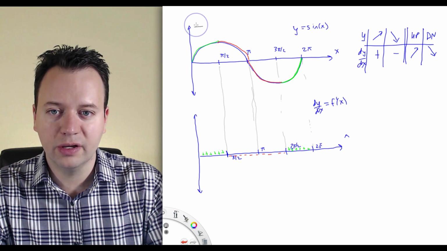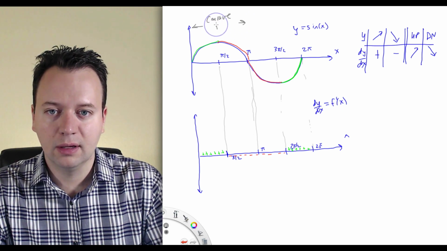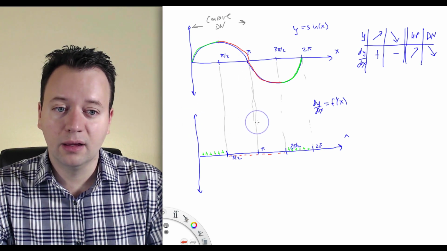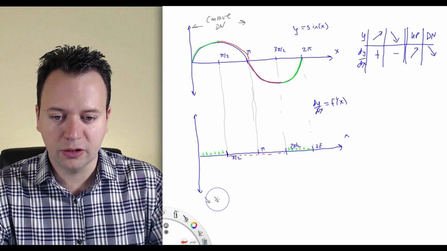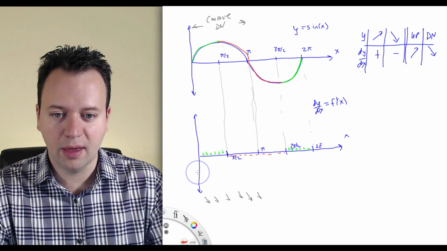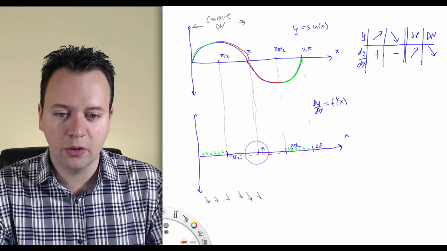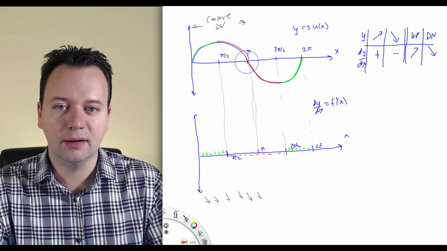So over this region, from 0 to pi, it's concave down. So that means that from 0 to pi, the function f prime has to be decreasing. So maybe just down here, I'll denote some down arrows to remind me that the derivative is decreasing from 0 to pi. So we have something that's decreasing because the graph is concave down.